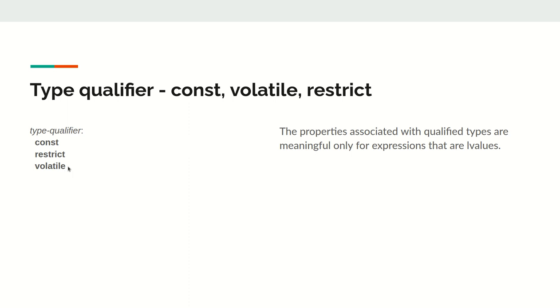And then next comes volatile. This volatile keyword is used as a qualifier to tell the compiler that this identifier can be modified by external systems.